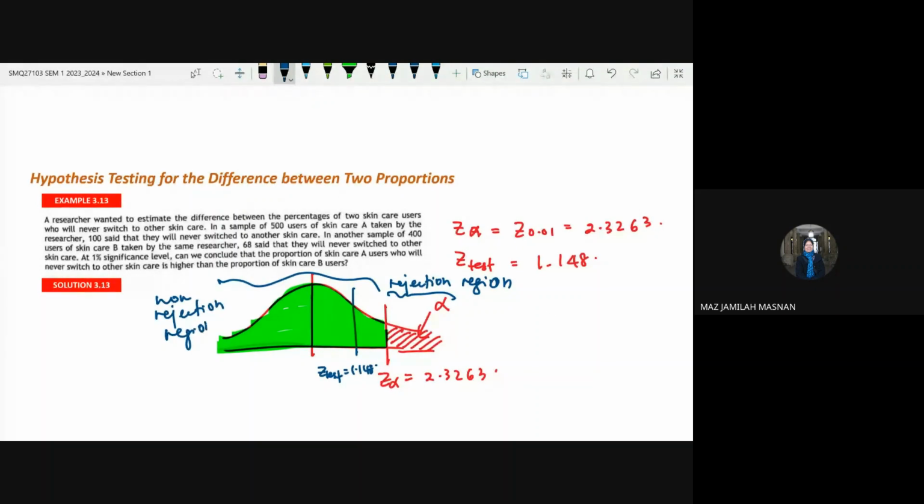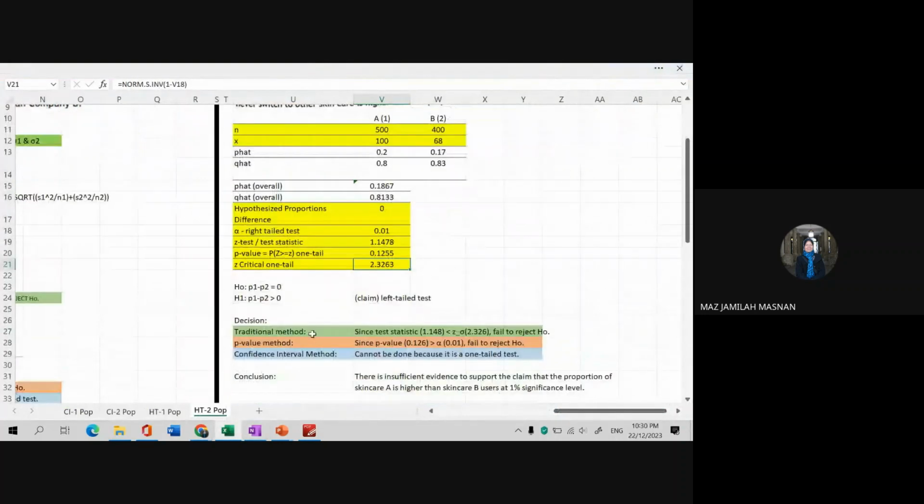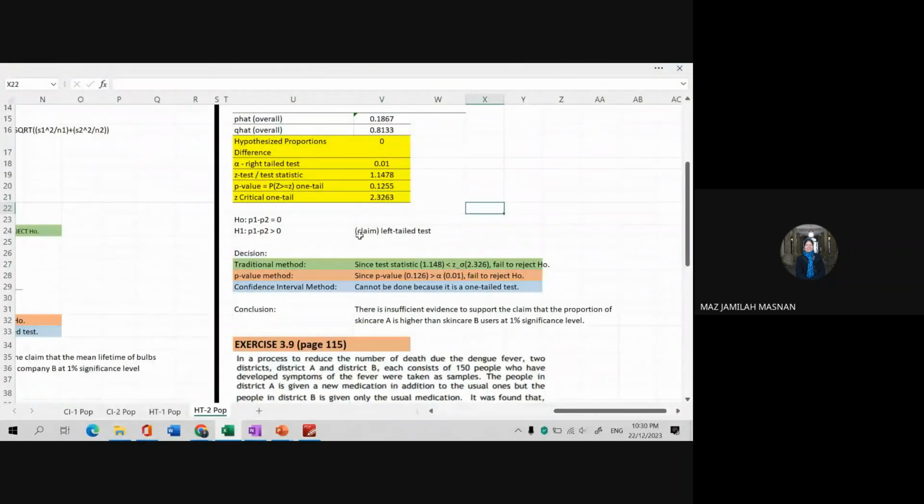Since the Z test falls in the non-rejection region, in this problem the null and alternative statement is over here and the claim is at the alternative. If you are using the traditional method, 1.148 is less than Z alpha, which is 2.3263, and in this case we make a decision: fail to reject the null hypothesis.